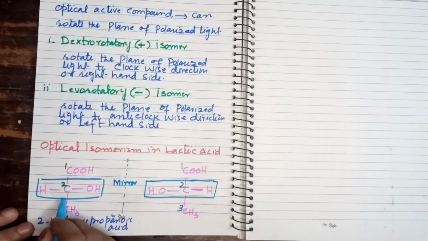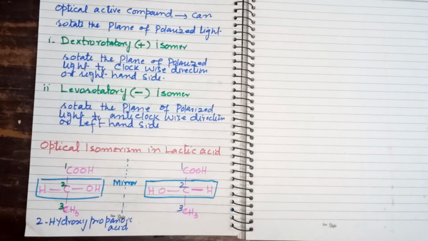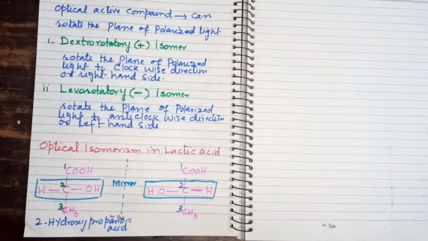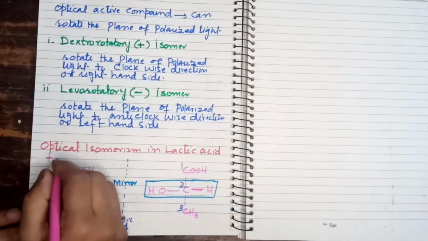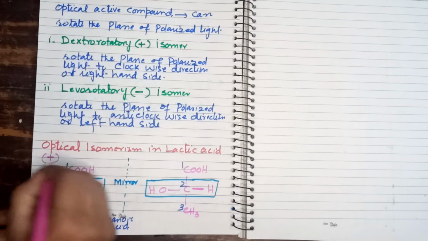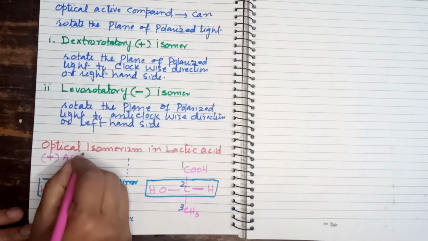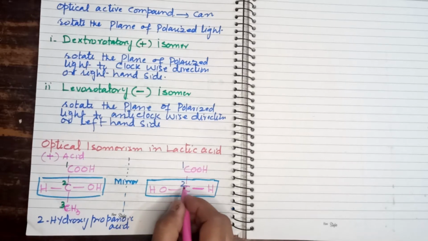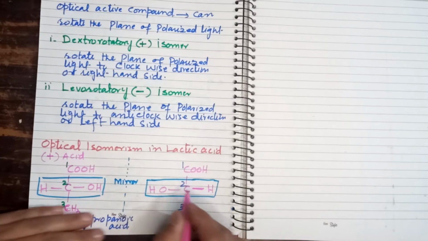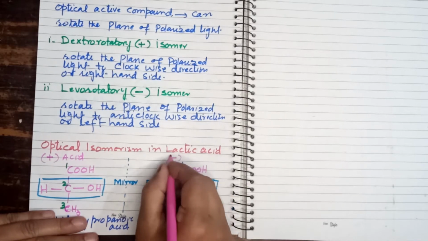This form is dextrorotatory, or we can write this form as the plus form, plus isomer, or you can say this is plus acid, right? And this form in which hydroxyl group is present on left hand side is the Laevorotatory form, or we can write as minus acid.